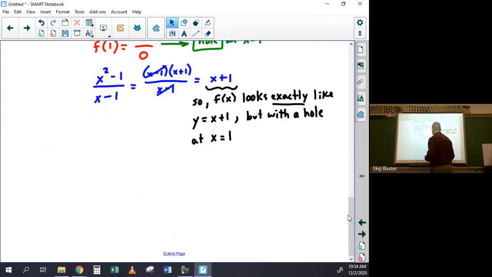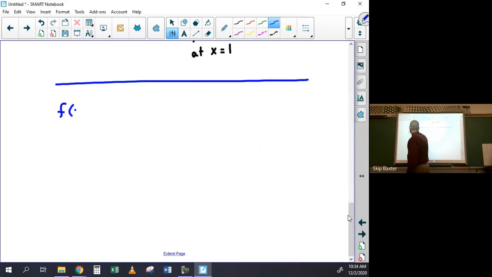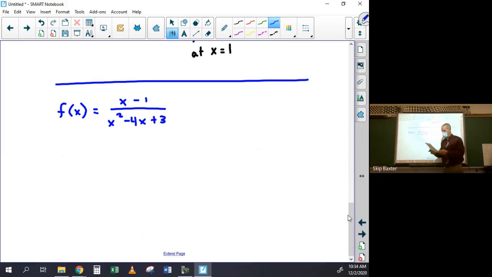Let's do another one. Suppose I have f of x equals x minus 1 over x squared minus 4x plus 3. Here's what your process should be. Factor the top and bottom completely.